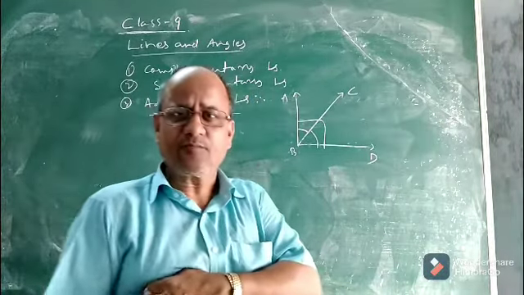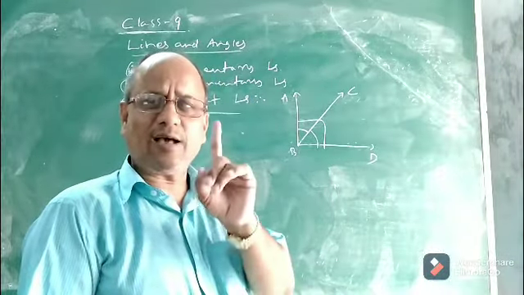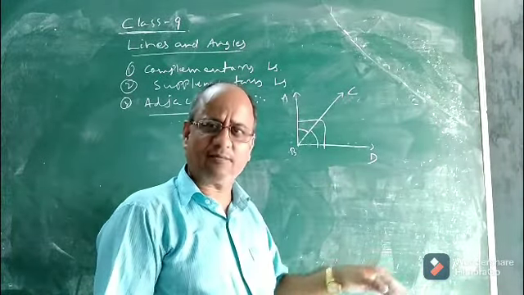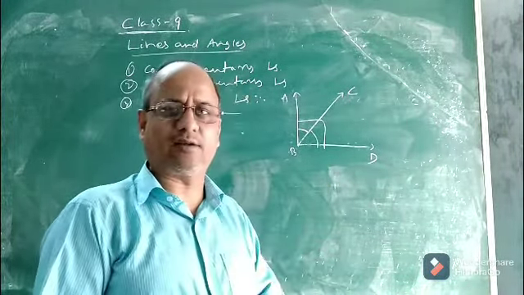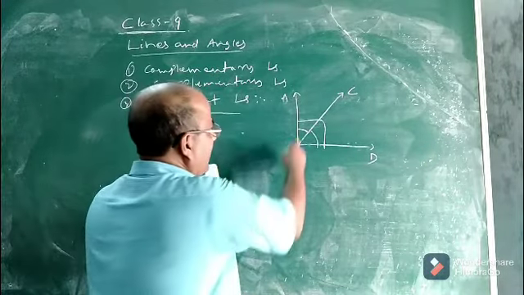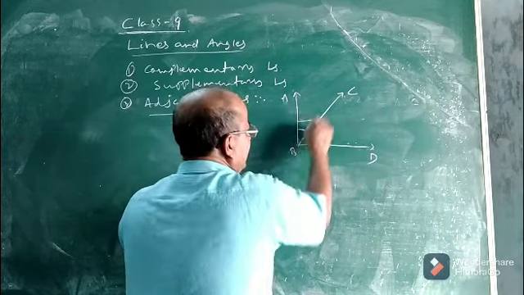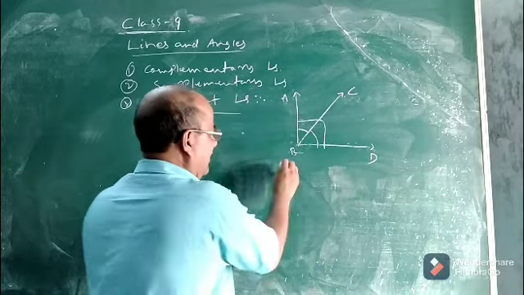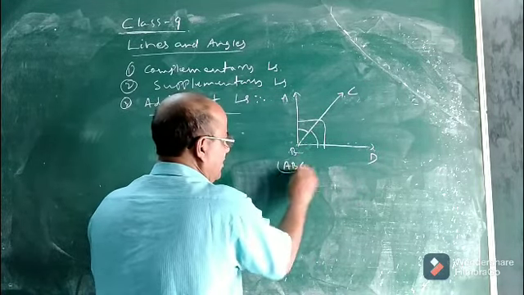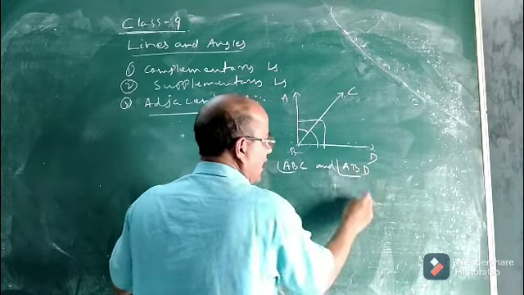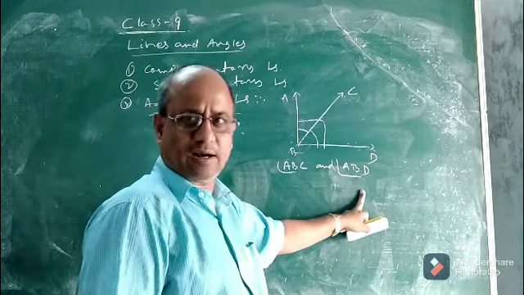Now the point is, suppose two angles have a common vertex and a common arm, but the non-common arms lie on the same side. They do not lie on different sides. That means, if I ask you about angle ABC and angle ABD, are these two angles adjacent?